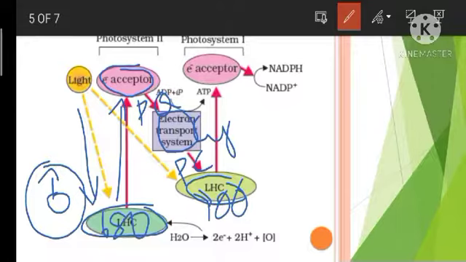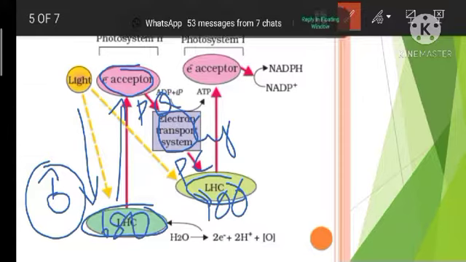When the electron is transported through the electron carriers, nowhere will it be utilized. It will only be received and then passed on to the next electron carrier, and at last it is received by the P700.